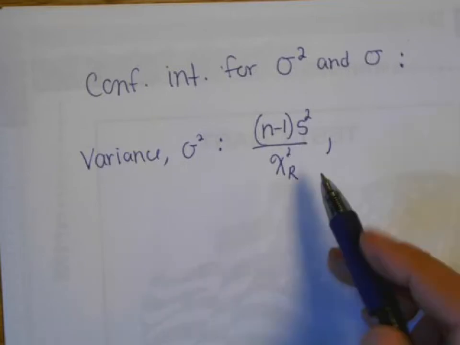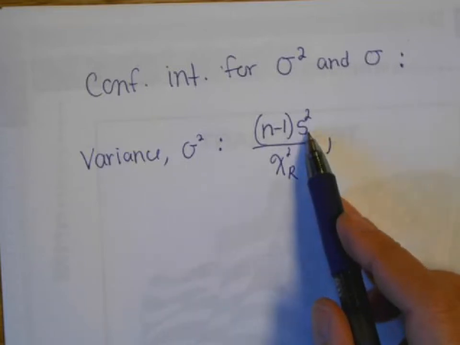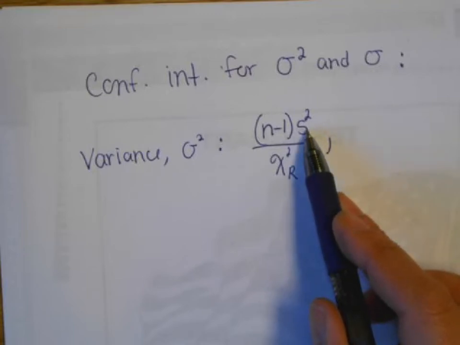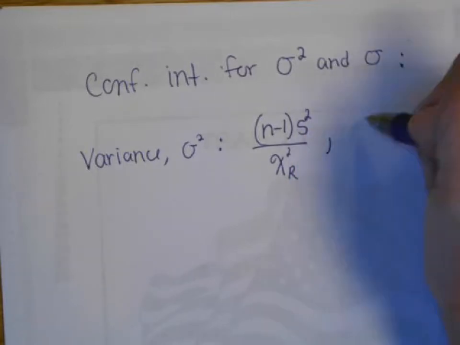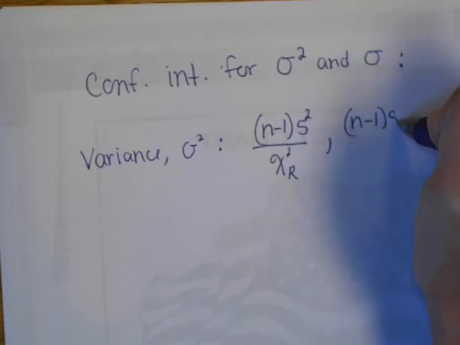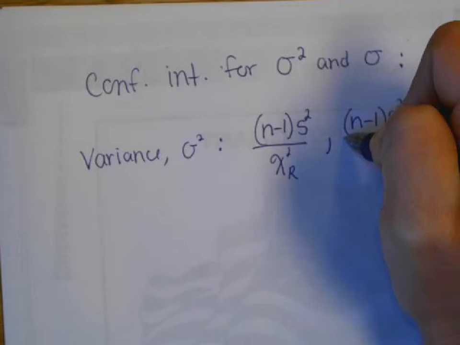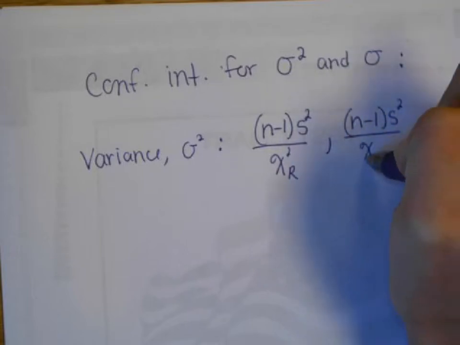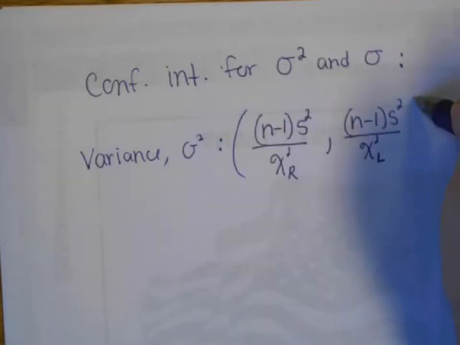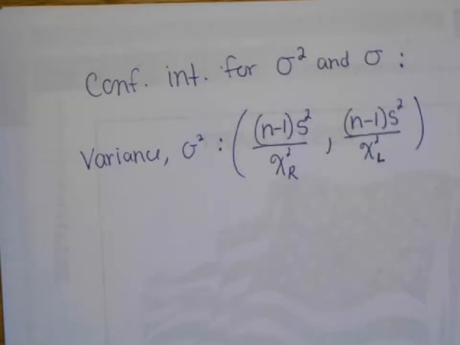Wait, what does that say? S squared. What is that? S is the sample standard deviation, so S squared is the sample variance. Then n minus 1 times S squared over the chi-squared left value will be the high end of your confidence interval. Just plugging into those two things.